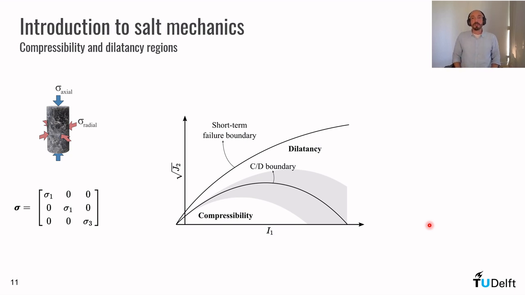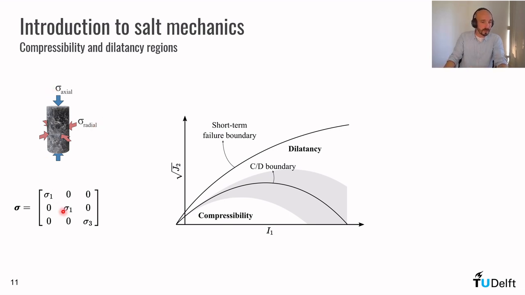If we take a certain piece of salt rock, so imagine a cylinder or a cube of salt rock, and we apply a certain stress condition. Suppose we apply a certain confining pressure, the stresses in the radial direction, and we apply a certain axial stress.